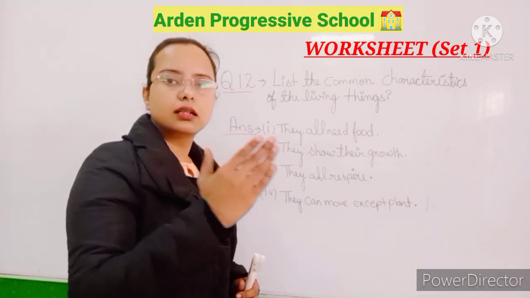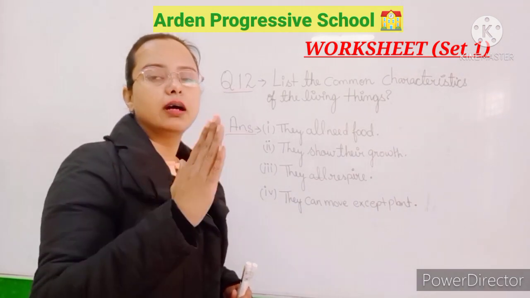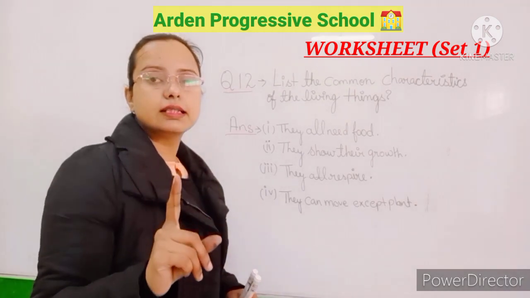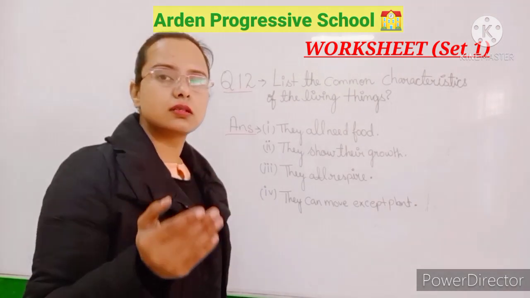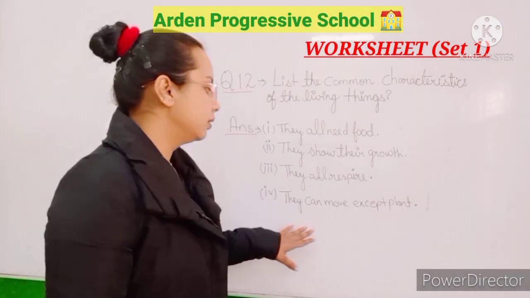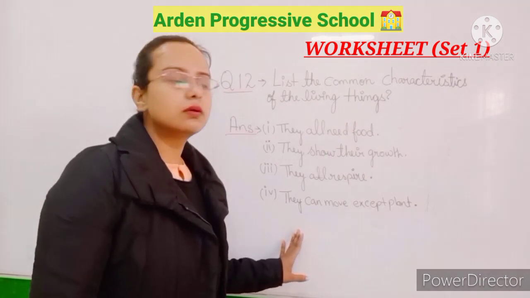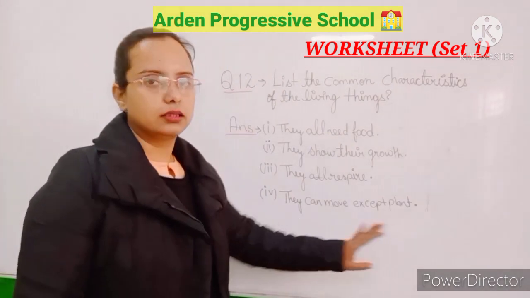As the sun changes its direction, the plants bend in that direction, but they do not change their place. They don't move from one place to another. So it is an exception in the case of plants, but humans and animals show movement, so they can move except the plant.